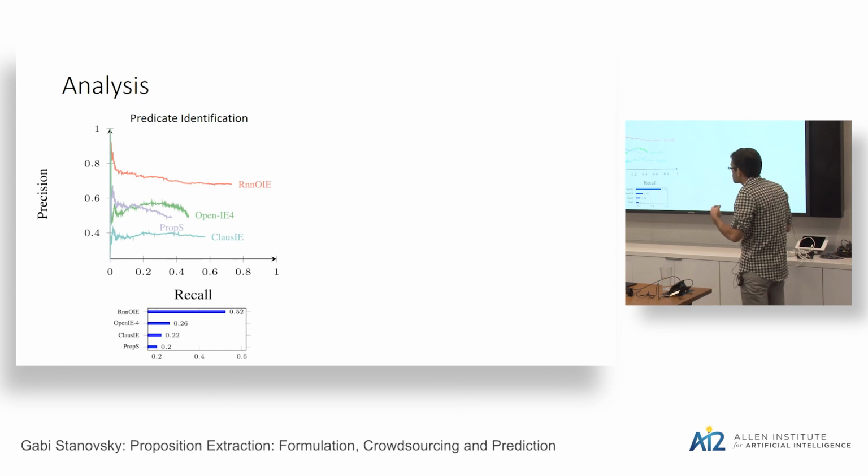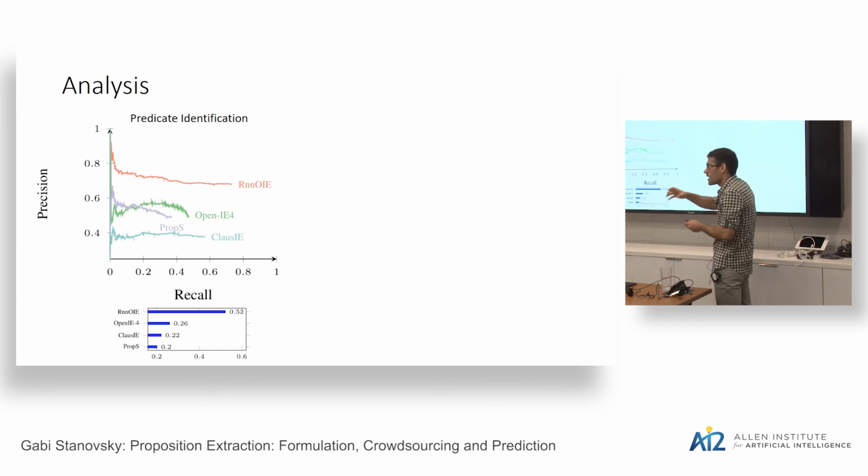We also split the task for analysis purposes to differentiate between predicate identification. So, to your question, if we need to identify also the predicate span, we wanted to see how well we do on just identifying the predicate span, and separately, how well we do on identifying the arguments. So this is for identifying the correct predicate span, ignoring the arguments altogether.